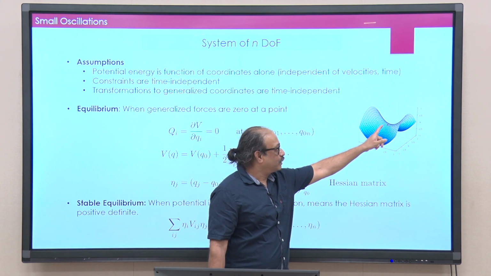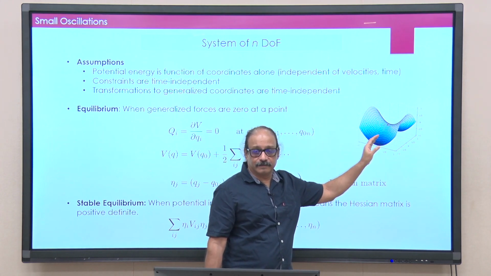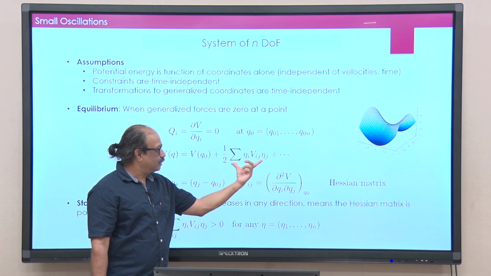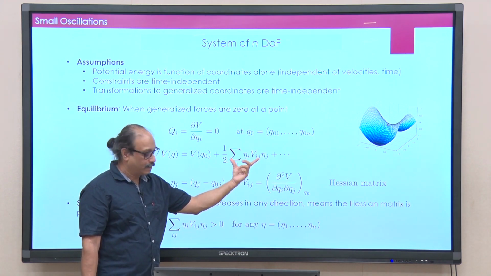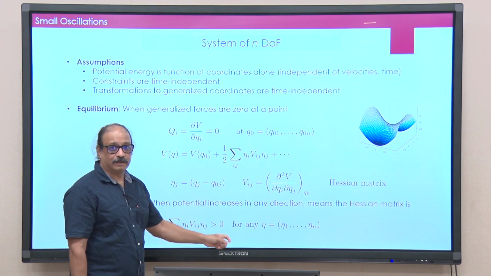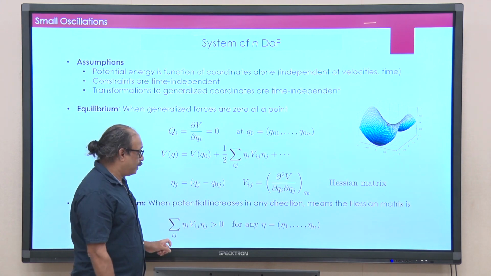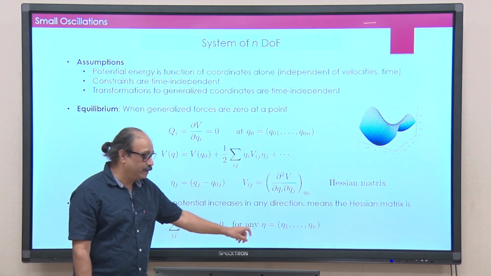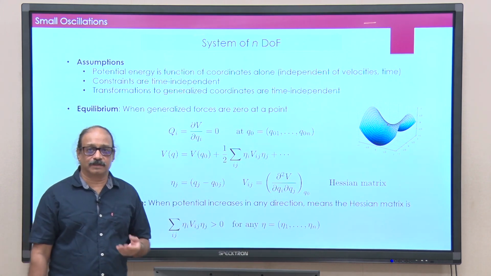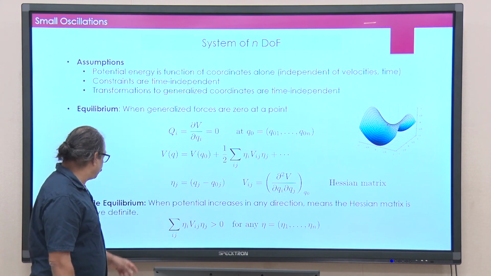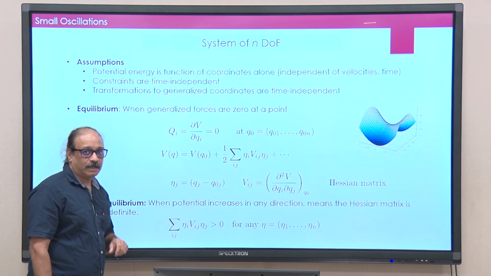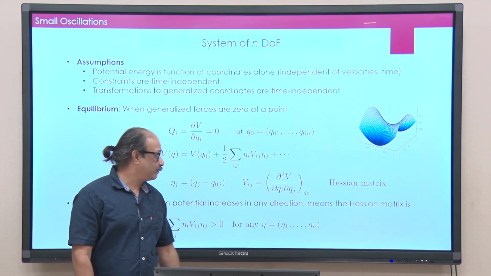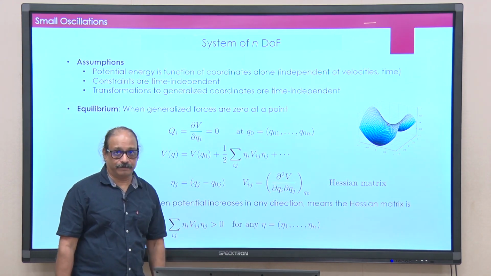That means if you take a vector in any direction, then the change in the potential energy, which is basically this term, must be greater than 0, okay. And when this happens for any eta, you say the matrix is positive definite, okay. So, what we basically want is Vij or V matrix must be positive definite for a stable equilibrium.